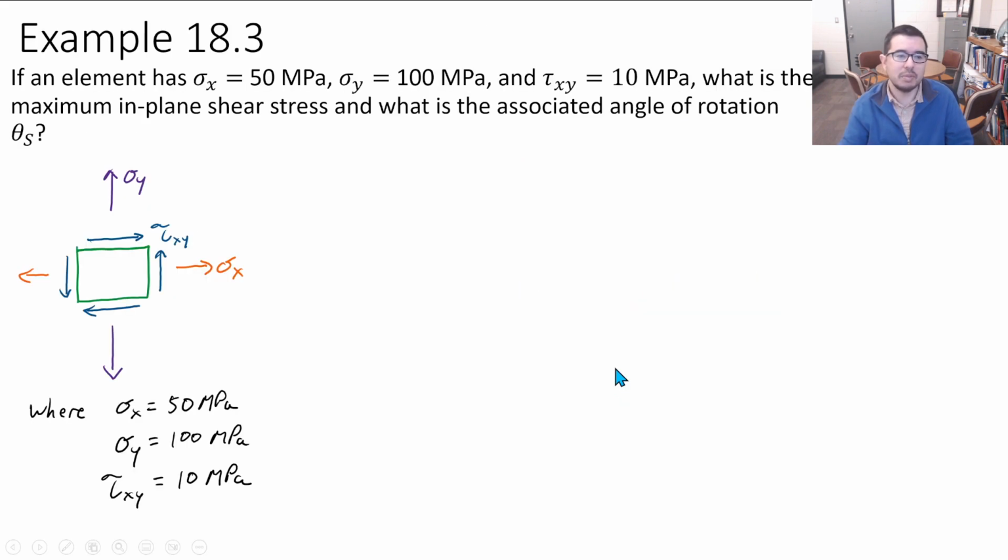So let's do an example. We have an element with sigma x equals 50 megapascals, sigma y equals 100 megapascals, tau xy equals 10 megapascals, and we're asking what is the maximum in-plane shear stress and what is the associated angle of rotation theta s, or what could be associated angles.